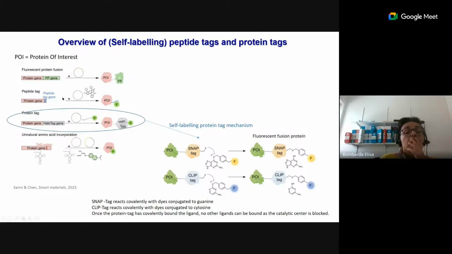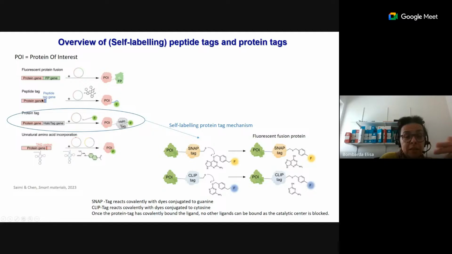So this can also be done with a peptide, a similar method. Instead of a fluorescence protein, we introduce a peptide that can then interact with a fluorophore.